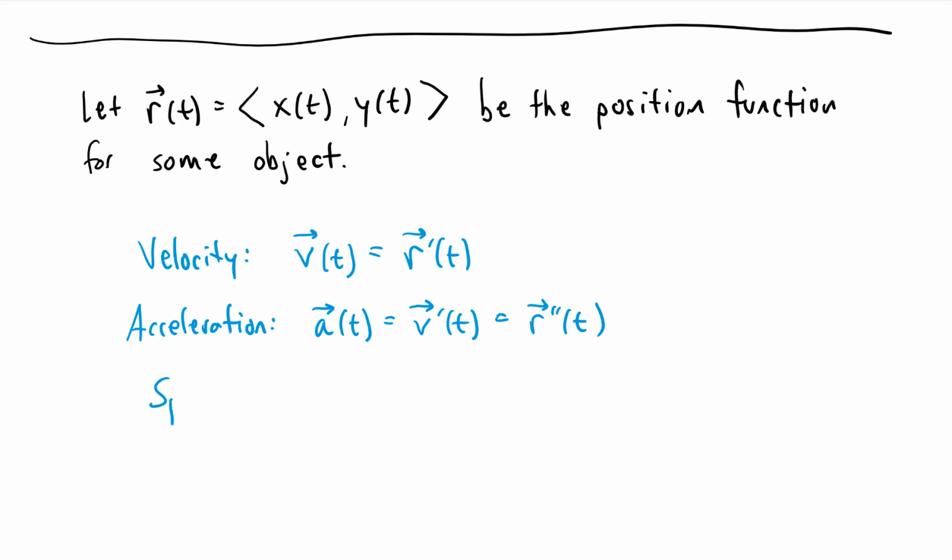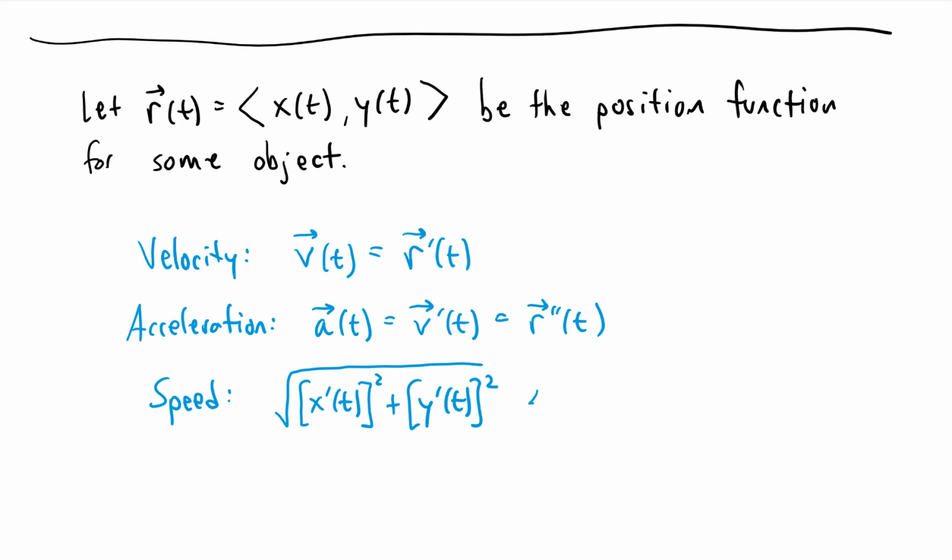And then if you wanted the speed, this will be a little different because we do have vectors involved. Turns out if you want the speed of the object for some value of t, you would do the principal square root of x prime t squared plus y prime t squared. If you're familiar with vectors at all, I don't know how much vectors you guys have done in other classes, but this is essentially the magnitude of the velocity vector.